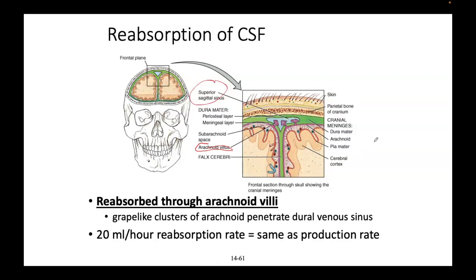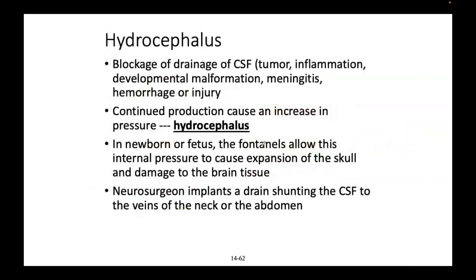That's going to filter and reabsorb the CSF. So the arachnoid villi is going to reabsorb that cerebral spinal fluid. And it should reabsorb it and produce it pretty much at a similar rate. Otherwise, you get this condition called hydrocephalus.